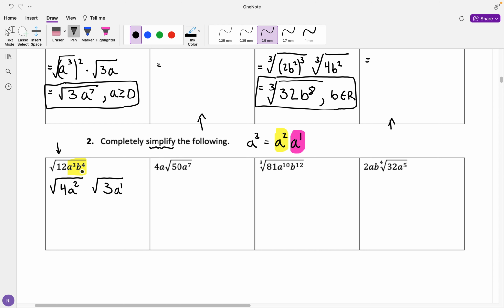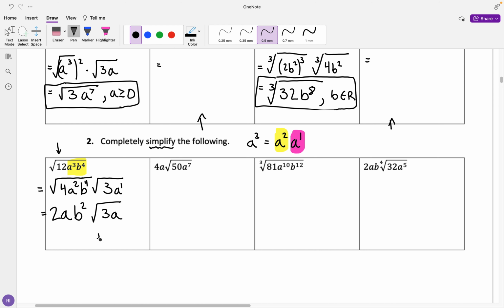So b to the power of 4, that is a perfect square because the exponent is divisible by 2, and that ensures that it's a perfect square. So, what's the square root of 4? 2. The square root of a squared and b to the 4. This cannot be simplified.